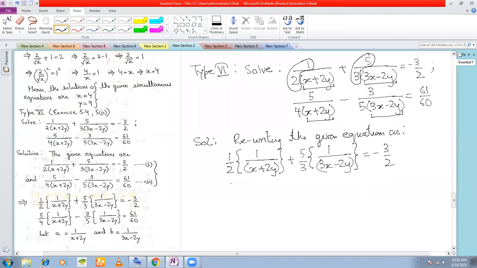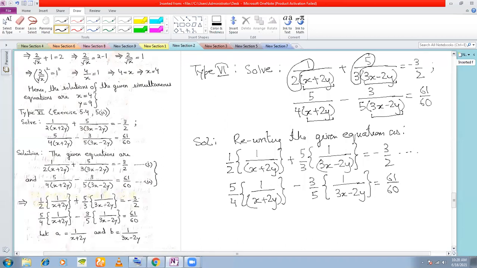Similarly, for the second one, you can take out 5 by 4. This has 1 by (x + 2y). And you can take 3 by 5 out and write this as 1 by (3x - 2y) is equal to 61 by 60.